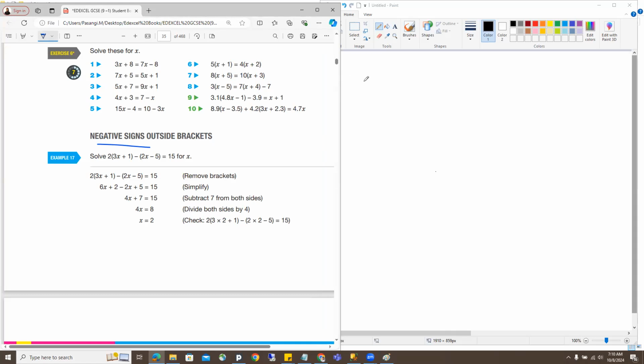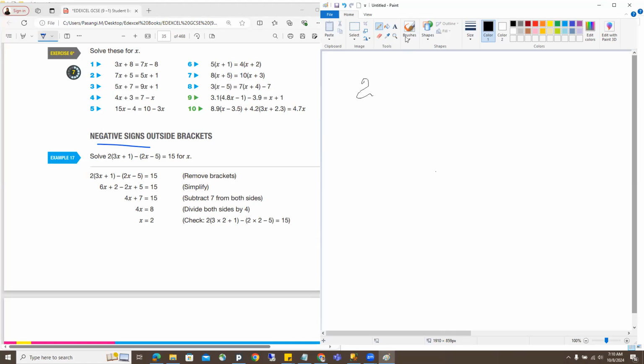The question is solve 2 times (3x plus 1) minus (2x minus 5) is equal to 15.